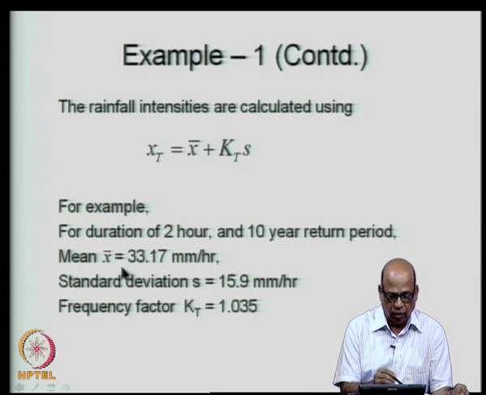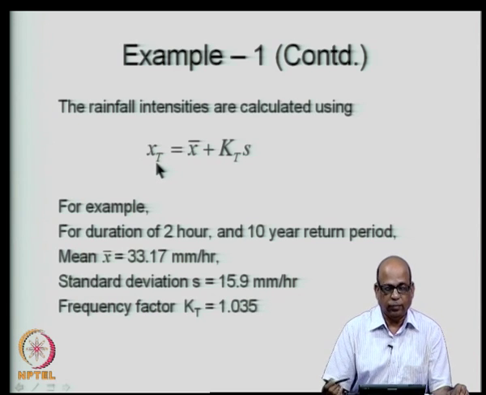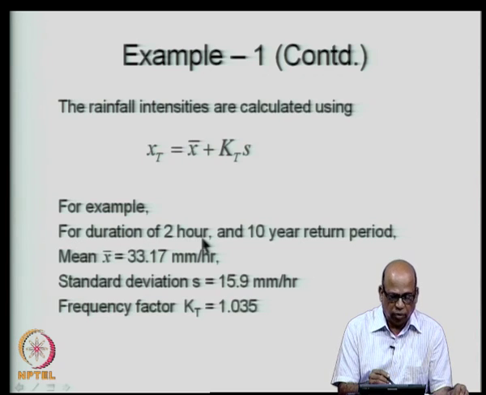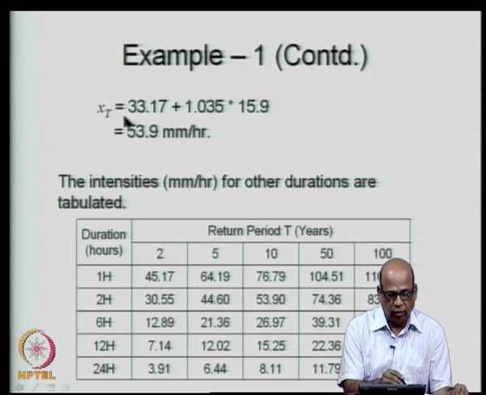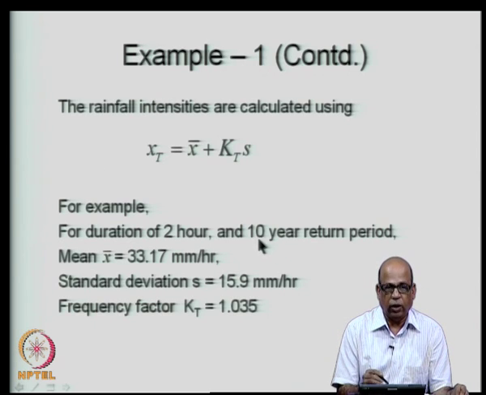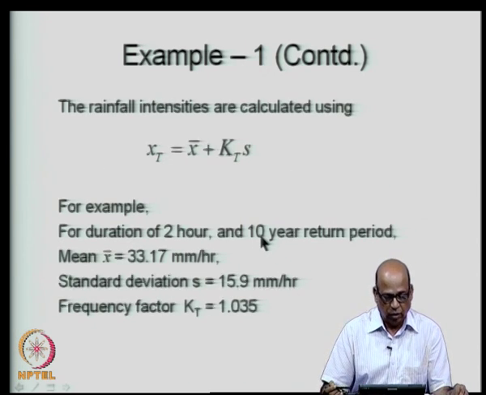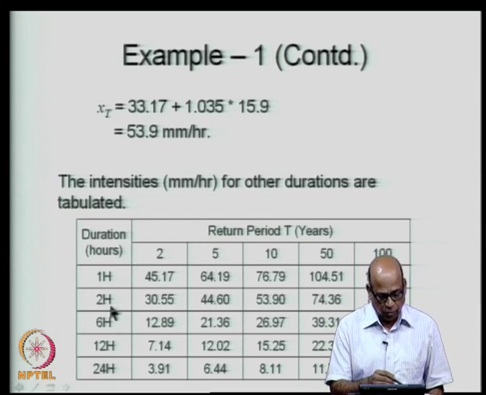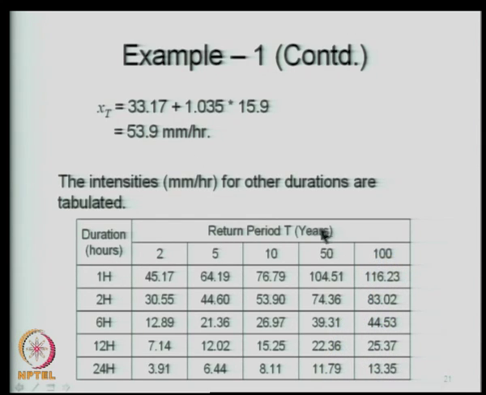You have the x bar 33.17, you have the S, and therefore, you can get XT. This XT is for a duration of 2 hours. So, we get XT for 2 hours as 53.9 millimeters per hour for a return period of 10 years. Like this, for different durations, we calculate for different return periods the rainfall intensities. These are the rainfall intensities obtained using the procedure that I just enumerated.